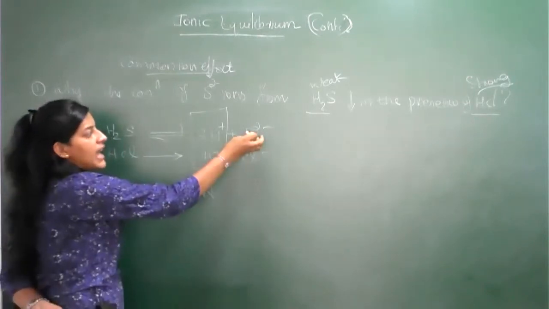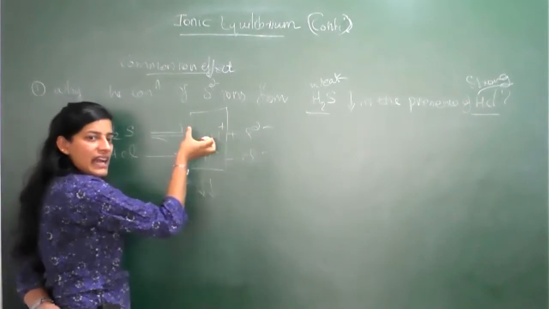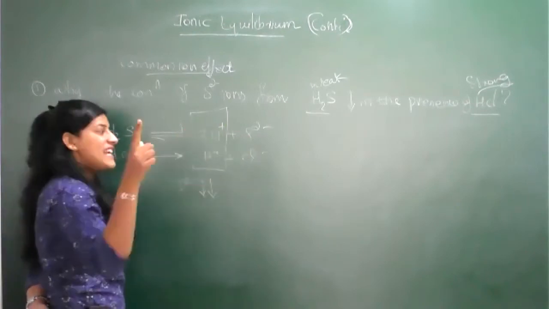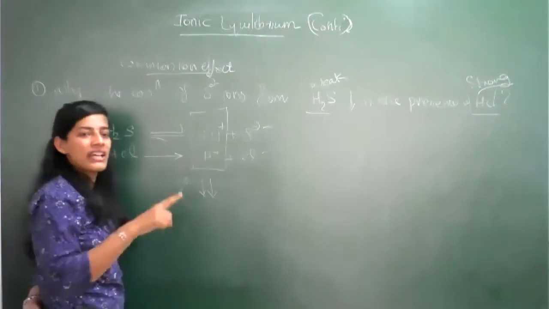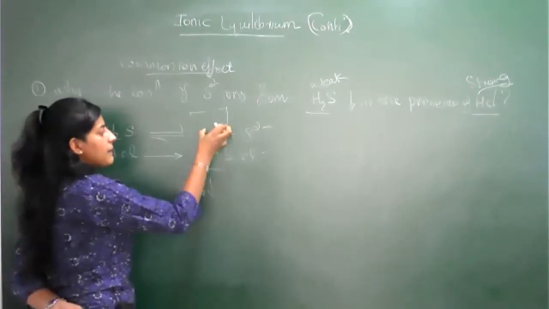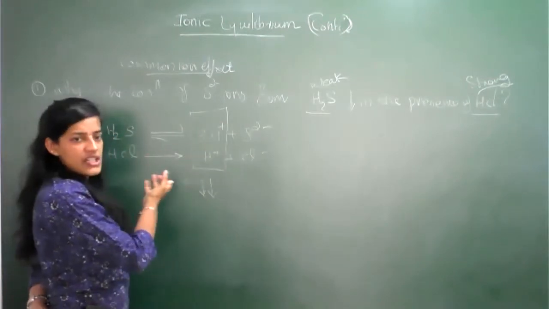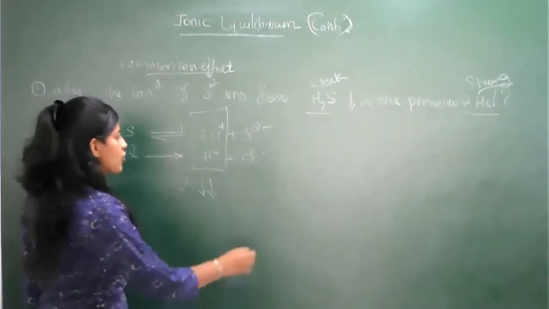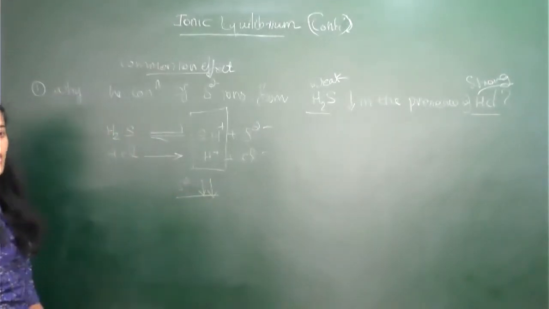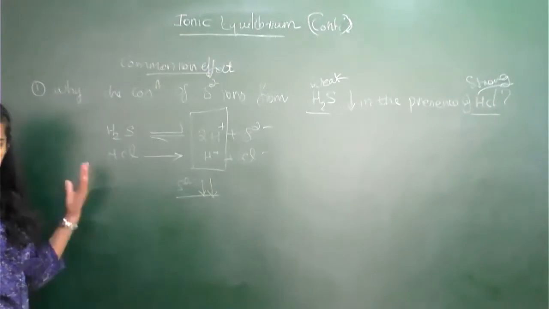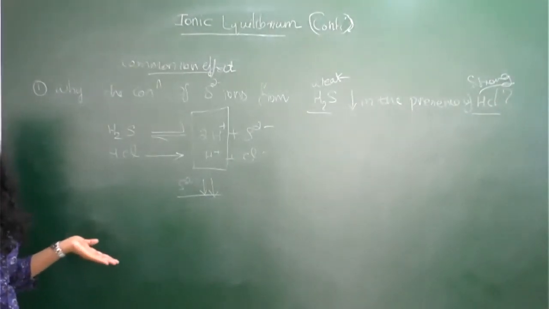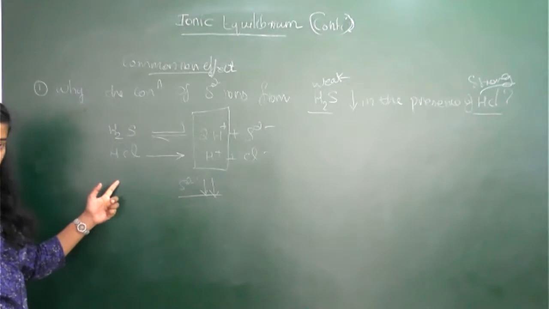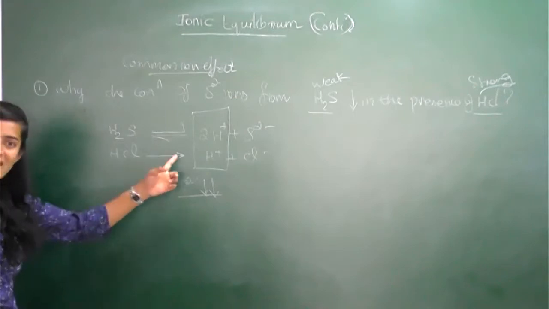Initially S2 minus reacts with H plus and that amount is completely finished. But the H plus ion concentration is more than S2 minus, so the equilibrium will shift towards the backside. So that is the reason. In your 11th level, if they ask a question like this, you can explain with the help of this kind of equation.